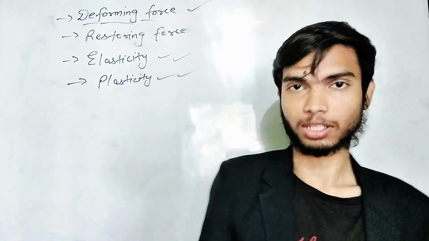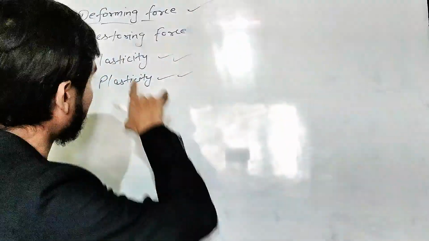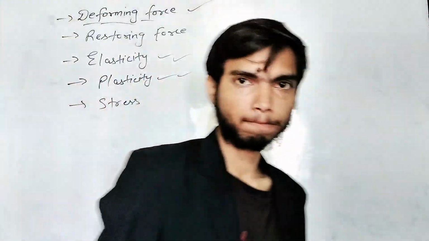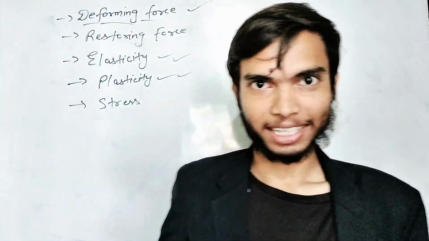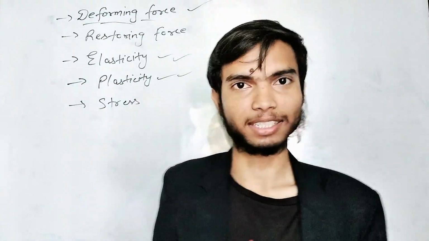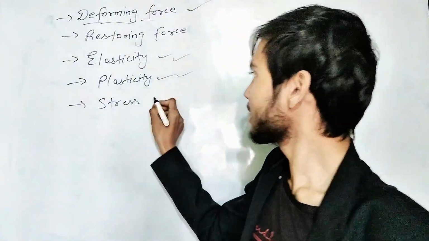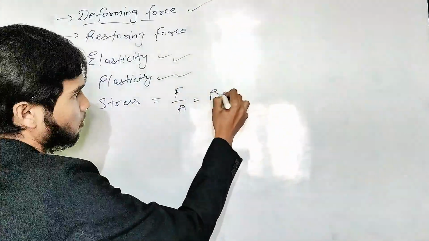Now, once you have understood elasticity and plasticity, after this we understand stress. Not the stress that comes in our life. It is completely different in this particular subject. It is F upon A, and this is equal to pressure.